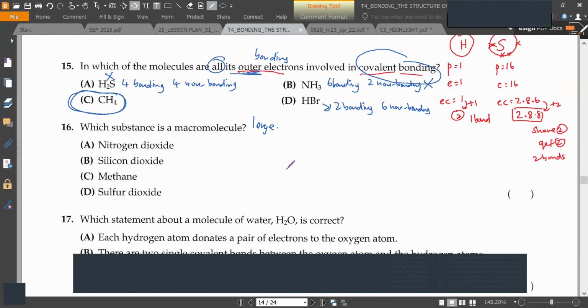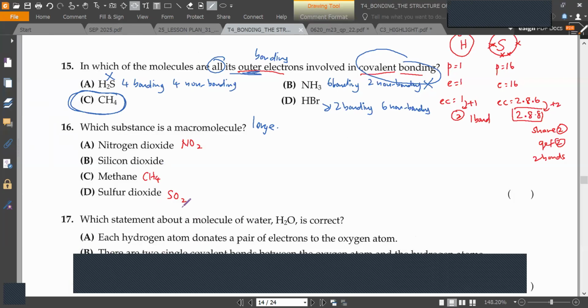Nitrogen dioxide is NO2, one nitrogen, two oxygen. Methane is CH4. Sulfur dioxide is SO2.